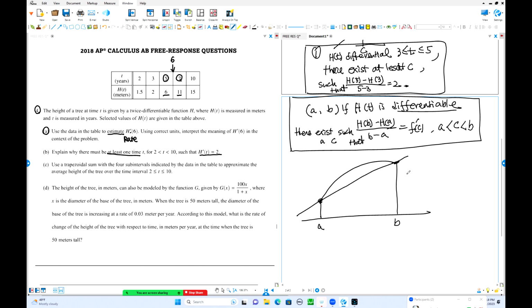The slope of the secant is h(b) minus h(a) over b minus a. That's the slope. But you can see that on this smooth line there is some value of c with the same slope, because it is differentiable. There is a c, but it should be between a and b, right?